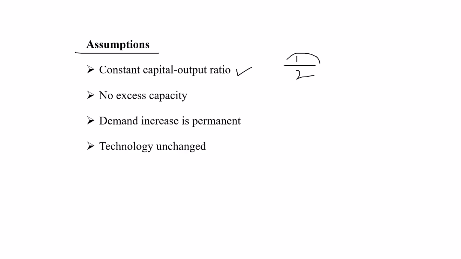This is the capital output ratio, and it is constant. The second assumption is no excess capacity. Demand increase is permanent, not any changes. And technology is unchanged. So these are the main assumptions of the accelerator principle.